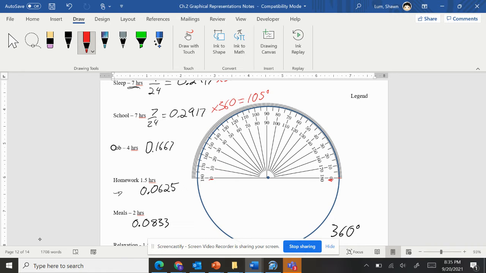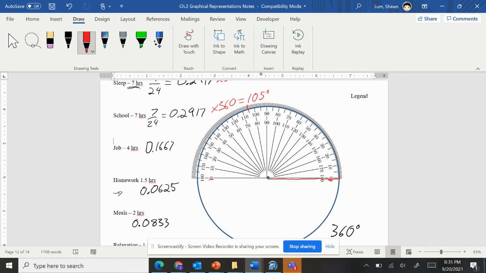So I'm going to go 0 and I'm going to count all the way up to 105 degrees. So here's 105 degrees. So I'm going to make a mark right there. Okay. And I should be using a ruler, but since I'm doing it on the computer, it's a little bit more difficult. So I'm going to draw a perfectly straight line from 0 out to there.